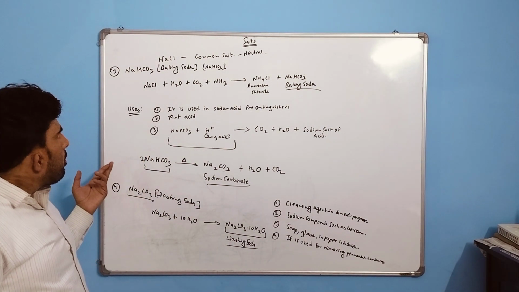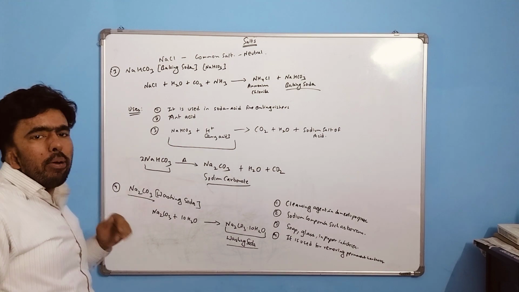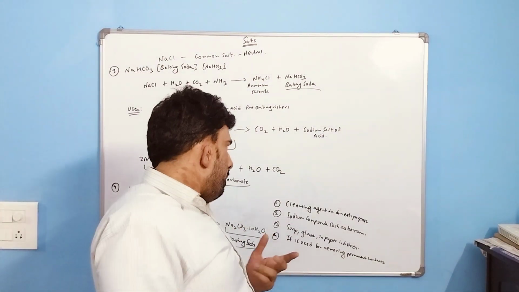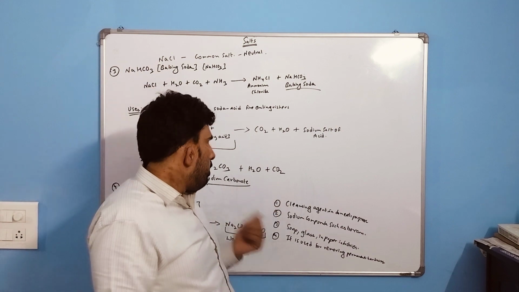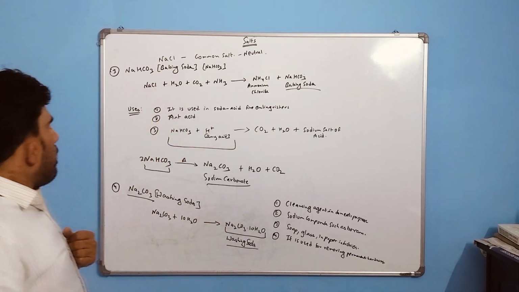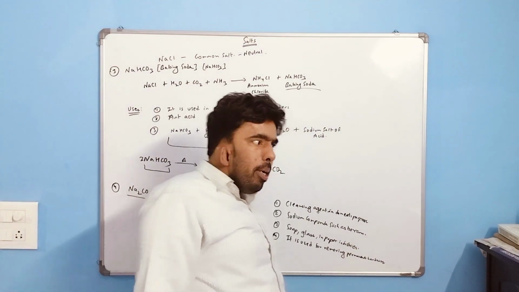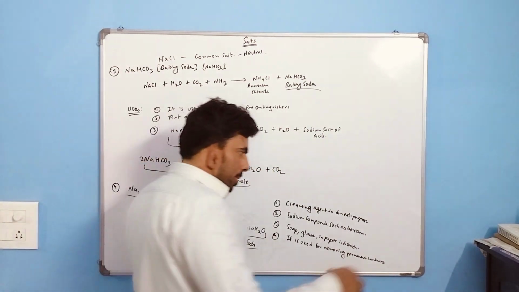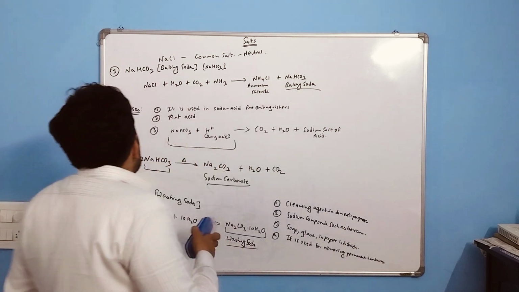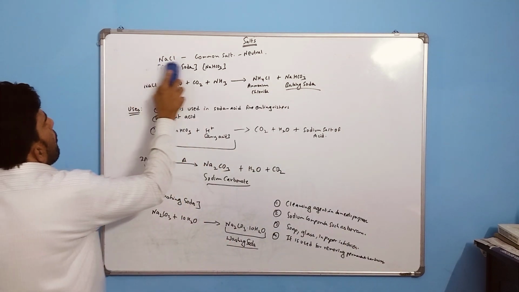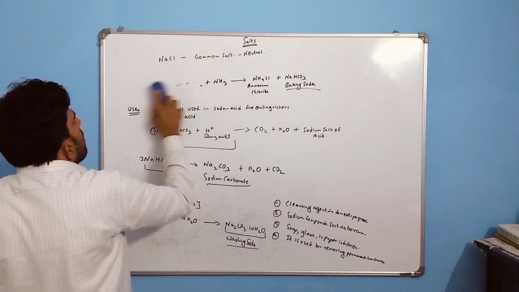As we know now, baking soda and washing soda are two important chemicals and they are used in different fields. Now let us move to the next one, that is POP, plaster of Paris.